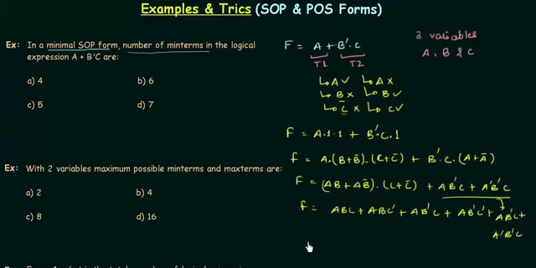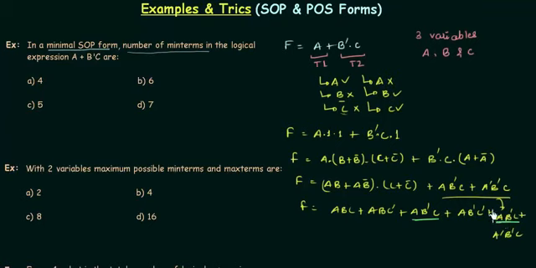Now we have to find out if any min terms are repeated. A B C is not repeated, A B C complement is also not repeated, A B complement C is repeated. You can see it is repeated. A B complement C complement is not repeated. A complement B complement C is also not repeated.